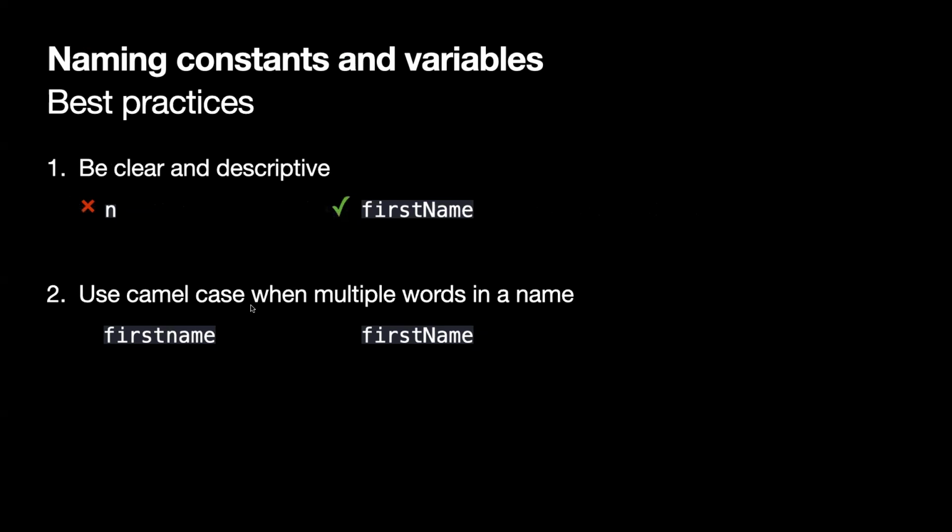Now the very common one that people use is camel casing, meaning what? Which one is easier to read? Do you think this is first name or this one is easier to read? If you look at this, you think that it is one word and you're trying to figure out how do you say it. But if you look at this, you can see first, capital Name. So you can distinguish the words in the variable name.